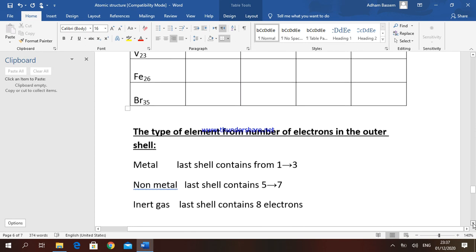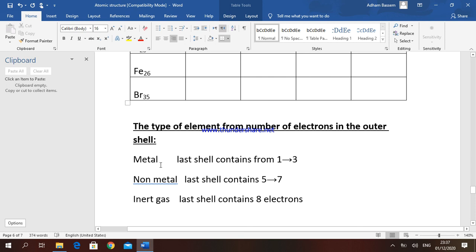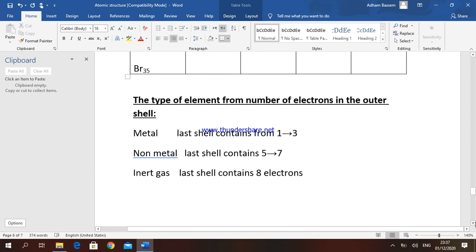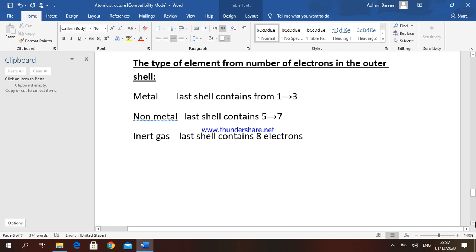So metals have 1 or 2 or 3 electrons in the outermost energy level, while non-metals have 5 or 6 or 7 electrons in the outermost level. And the inert gases or noble gases, like helium, argon, krypton, xenon, neon, have their outermost level completely filled with electrons, which is 8 electrons in the outer level. So they don't take part in chemical reactions.